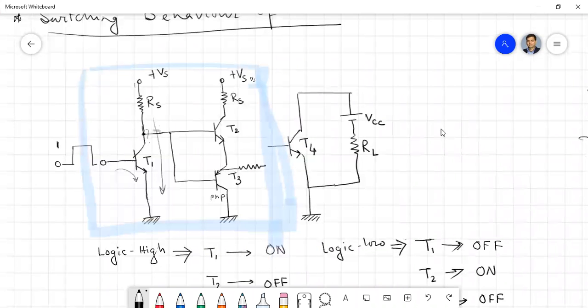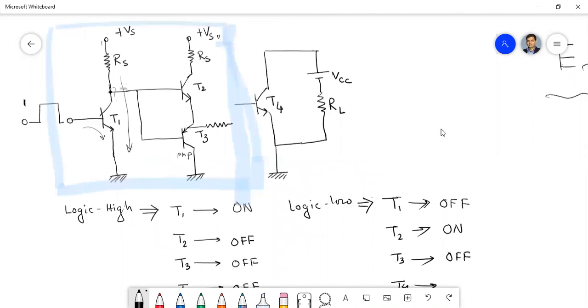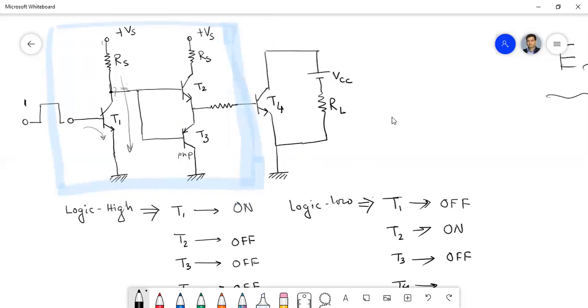Okay, so this is in the on condition. This is how one pulse, with this driving circuit given in this block, is sufficient to drive a power transistor into on mode.